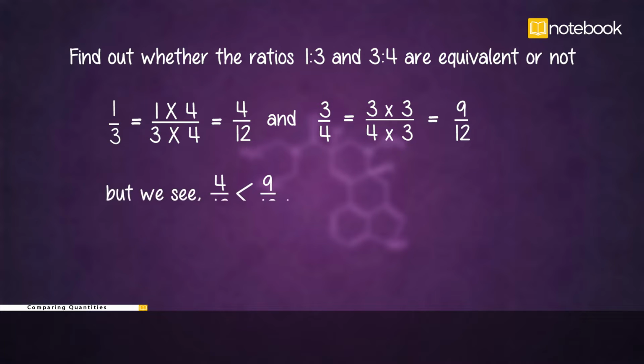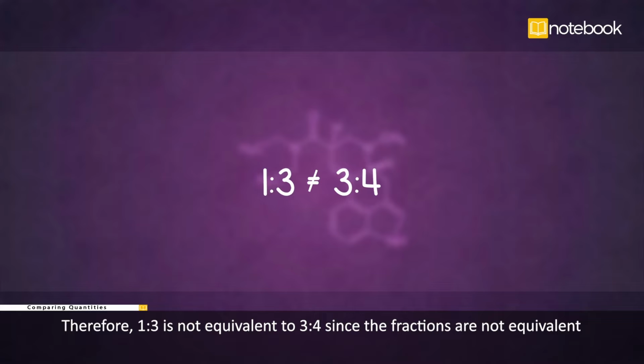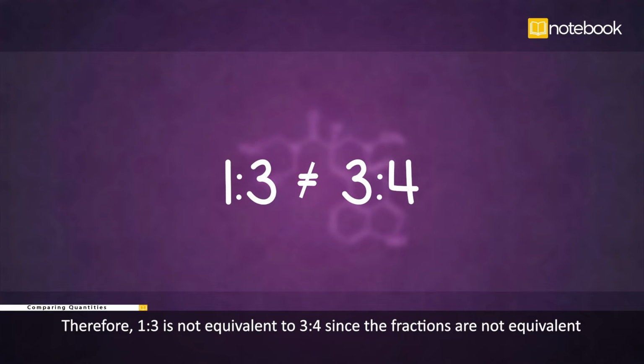But we see 4 by 12 is less than 9 by 12, which means 1 by 3 is less than 3 by 4. Therefore, 1:3 is not equivalent to 3:4 since the fractions are not equivalent.